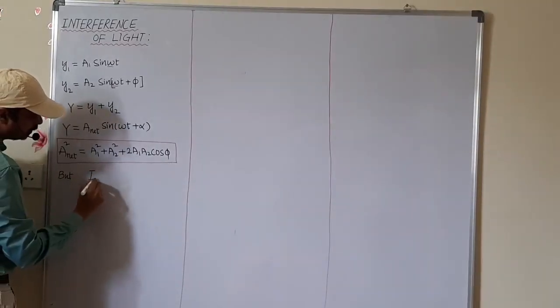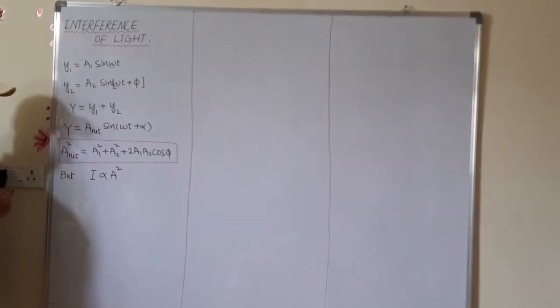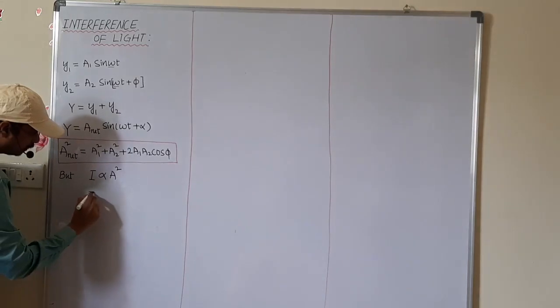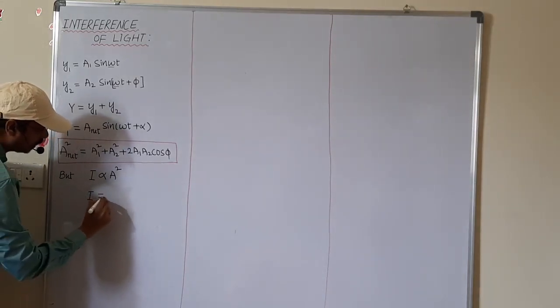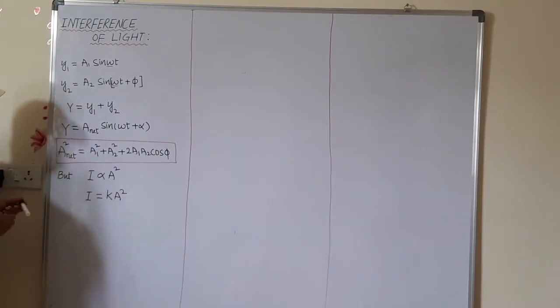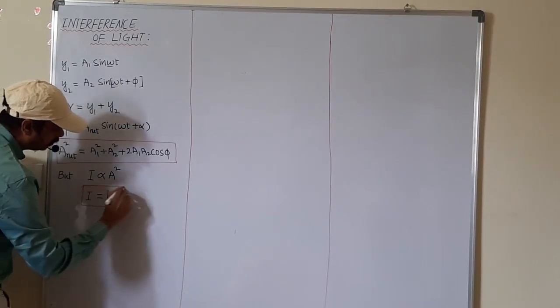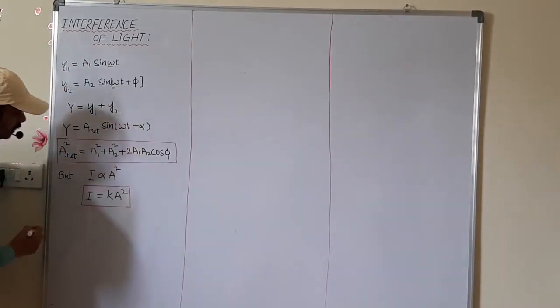But we know that the intensity is directly proportional to the square of the amplitude. Now I can write I equals K into A squared, where K is a proportionality constant.